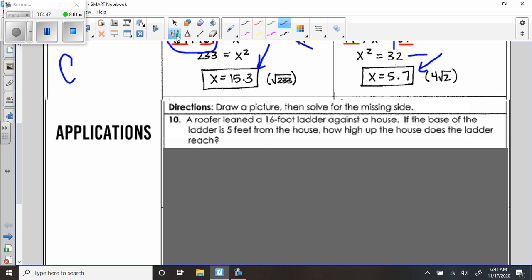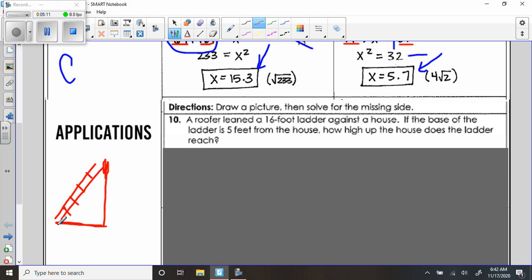So my math is, anytime you have a ladder, I'm going to draw the picture out here for a second because I already drew it underneath here. Ladders always lean in our pictures. Ladders are always the hypotenuse because it's going to lean up against the side of the house, and then here's the ground down here.